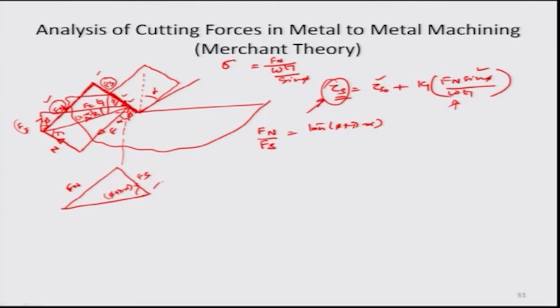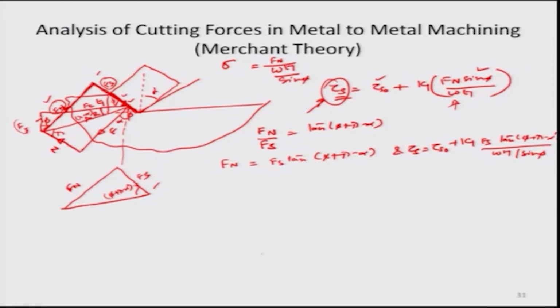And having said that, if we wanted to now substitute the Fn value in terms of Fs in this equation, we would have Fn equals Fs tan of phi plus lambda minus alpha, and correspondingly tau s as tau s0 plus k1 times Fs tan of phi plus lambda minus alpha divided by Wt1 by sin of phi.